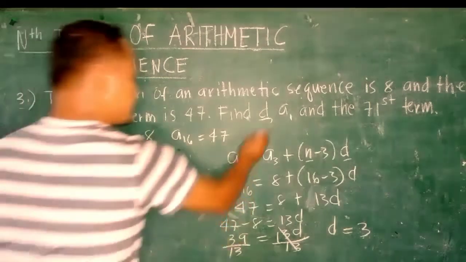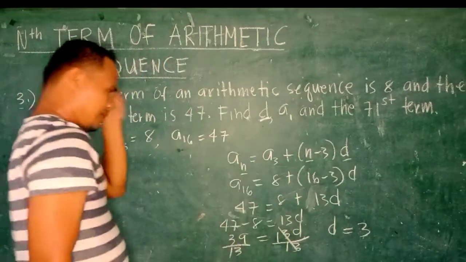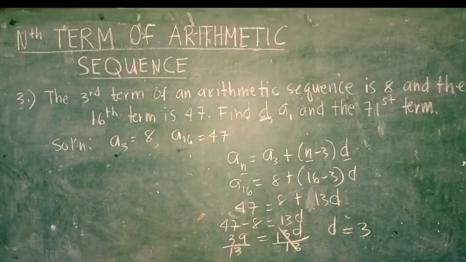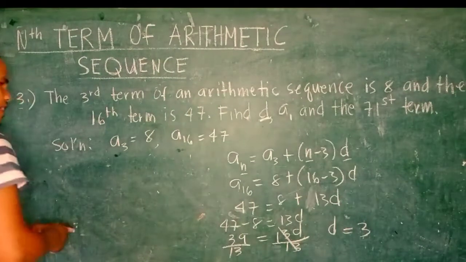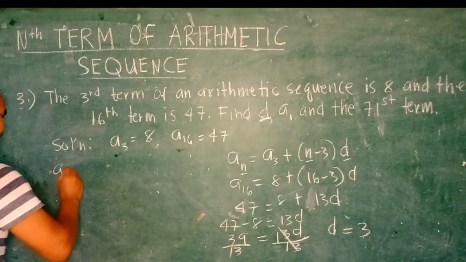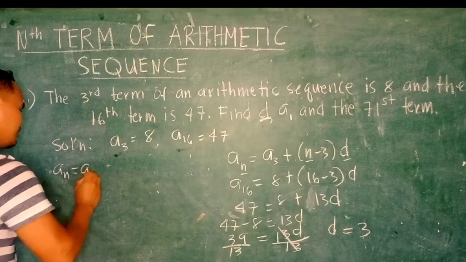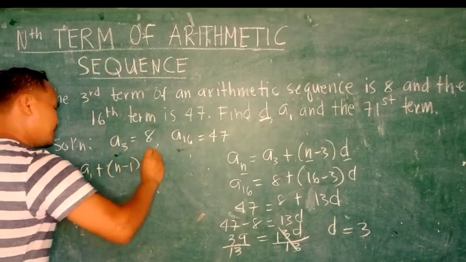Okay, solve na natin si d. Ang buhaton na lang nato isang first term. Okay. So to solve for the first term, let us go back to our original formula, which is a sub n equals a sub 1 plus n minus 1 times d.